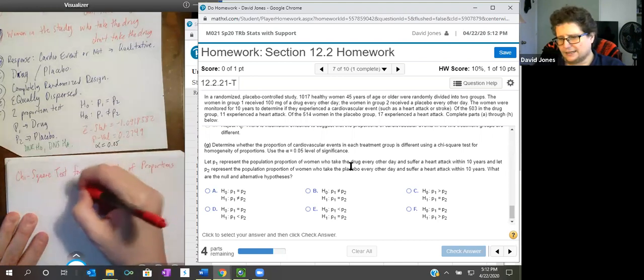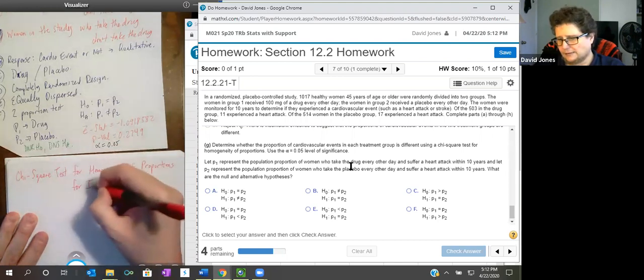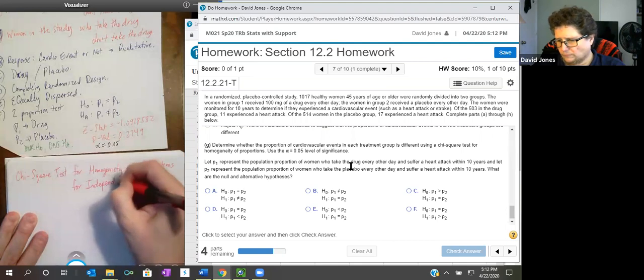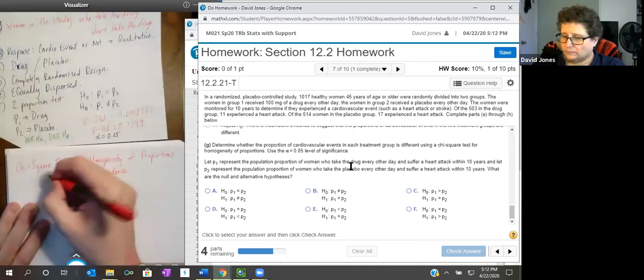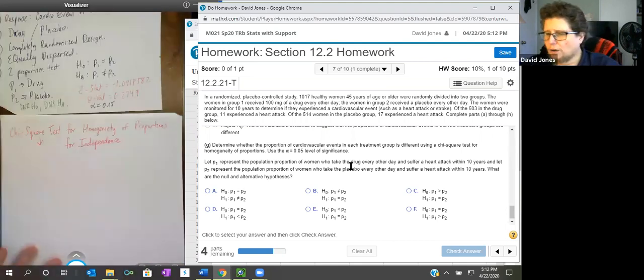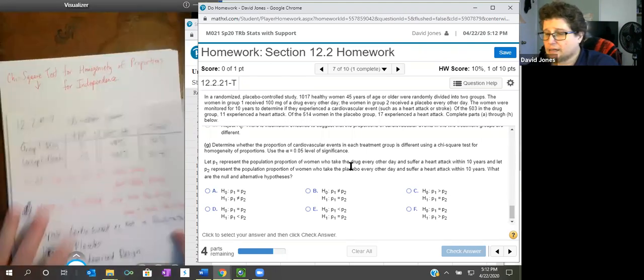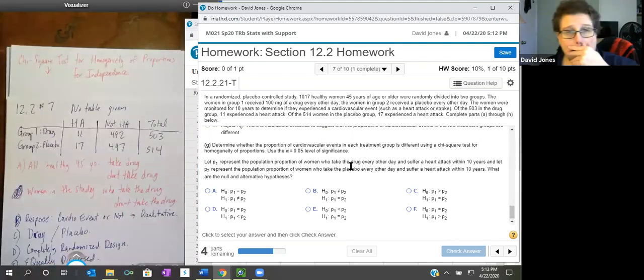The same thing as the test for independence. So I need this table again. I need to enter that into the table.